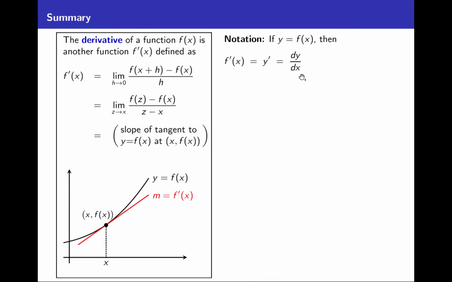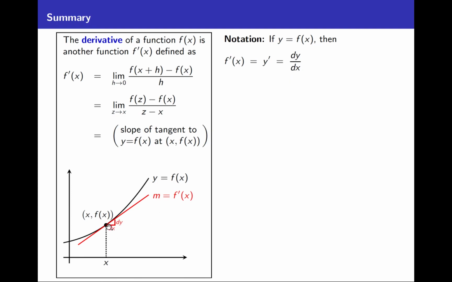Another notation that you'll see that stands for the derivative of y equals f of x is the expression which you read as dy dx. It looks like a fraction, dy over dx, but you read it as dy dx, and that just stands for f prime of x. I'll show you where this comes from. Let's go down to this picture.